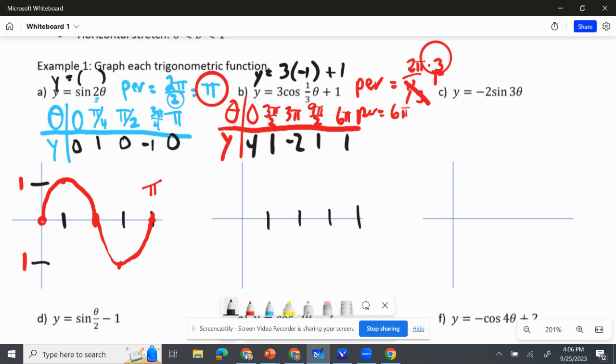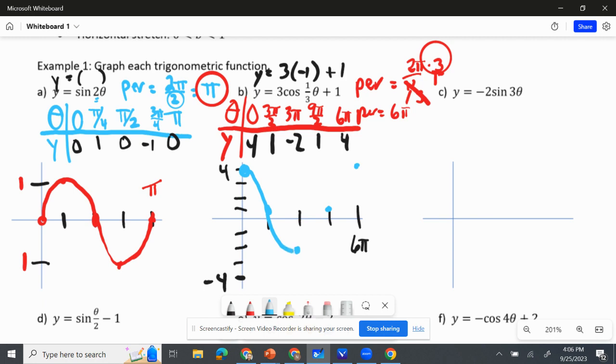So what we have is, we end this at 6 pi, not 2 pi. So we have 0, 4, then 1, and then -2, and then back to 1, and then back to 4.